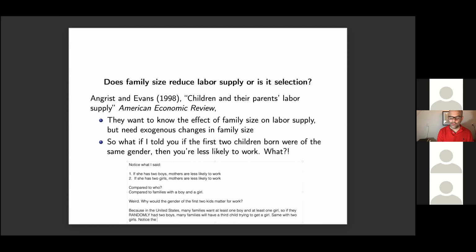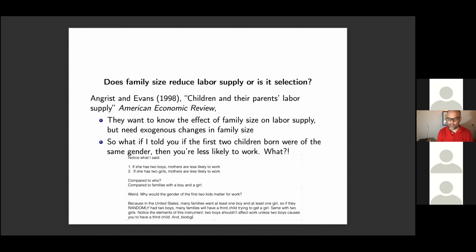Notice the elements of this instrument. 2 boys shouldn't affect work unless 2 boys causes you to have a 3rd child. And biologically, there's a 50-50 chance of a boy or a girl, so the instrument is random. Random instruments make for the best instruments. They are easier to defend.